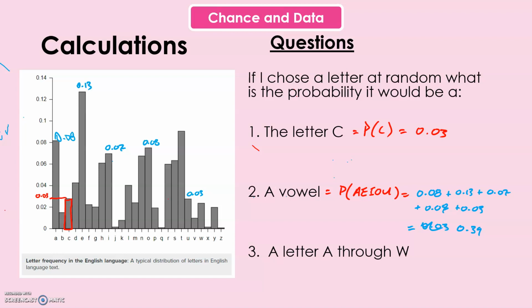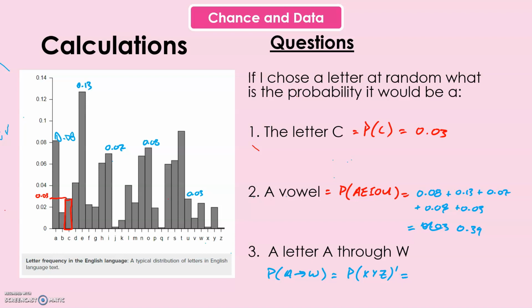What is a much easier way is just to take the probabilities of X, Y, Z. So the probability of A through to W is the same as the probability that it's not X, Y, or Z. And I've put a little dash there to signify with the notation that it means not X, Y, or Z.